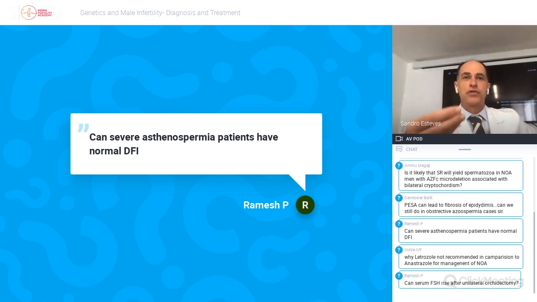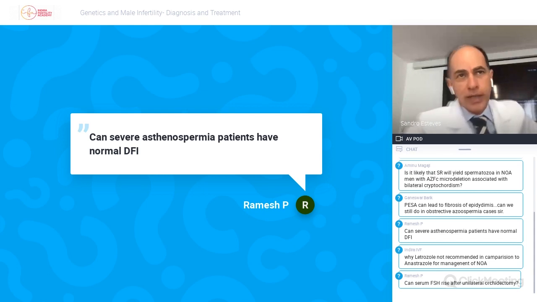So it's very unlikely in that scenario that you have a normal DFI, unless the asthenospermia is related to a genetic defect affecting sperm motility. For instance, if you have a patient with Kartagener syndrome, in which you have a ciliary problem affecting the microtubules, you might find sperm viability of 90% and 100% immotile sperm.